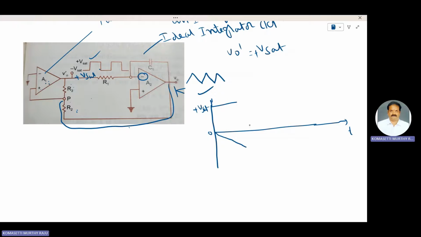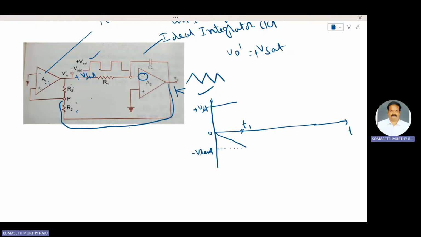At a time t equal to t1, the negative going ramp attains a value V ramp.